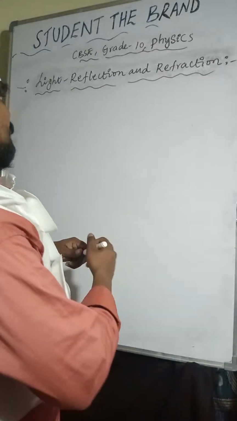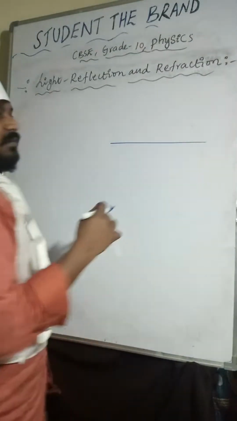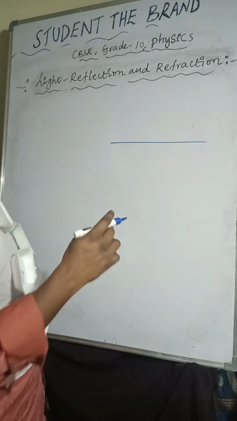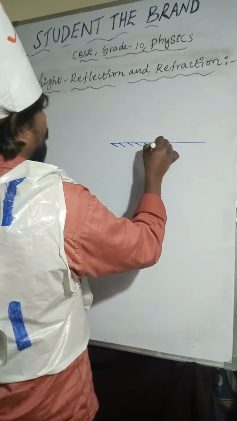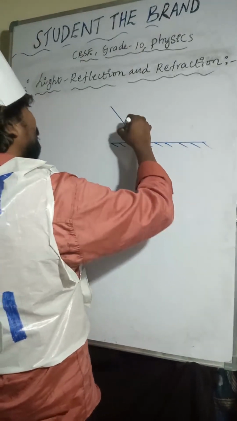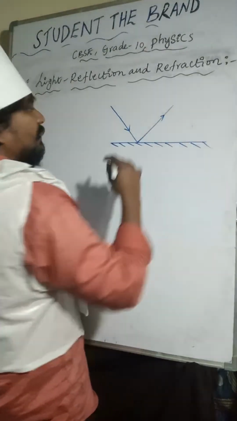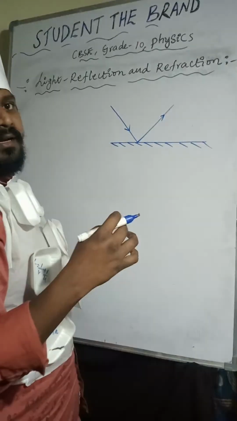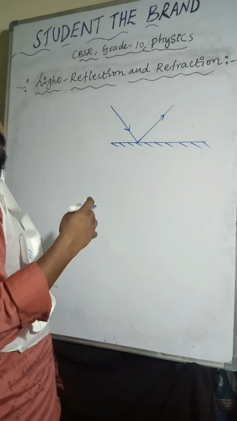So here I'm considering this is a plane mirror. Here you can see this is the incident ray, the reflected ray, and the line which is perpendicular to the plane surface is called the normal line.